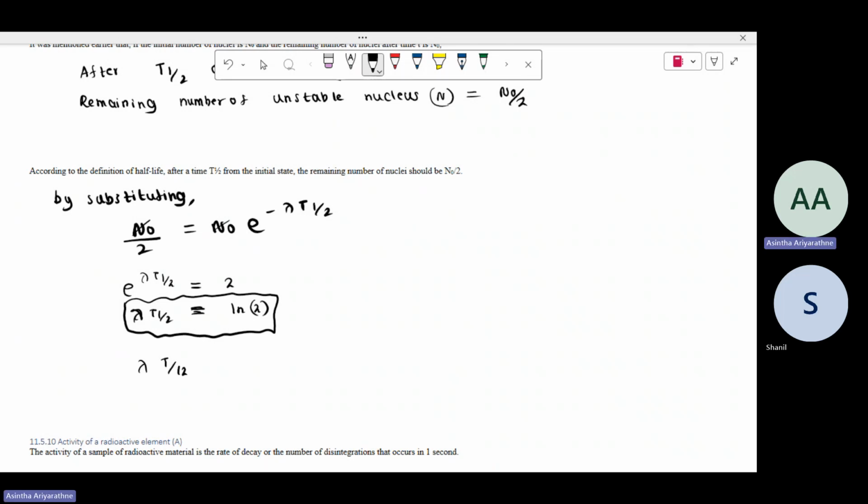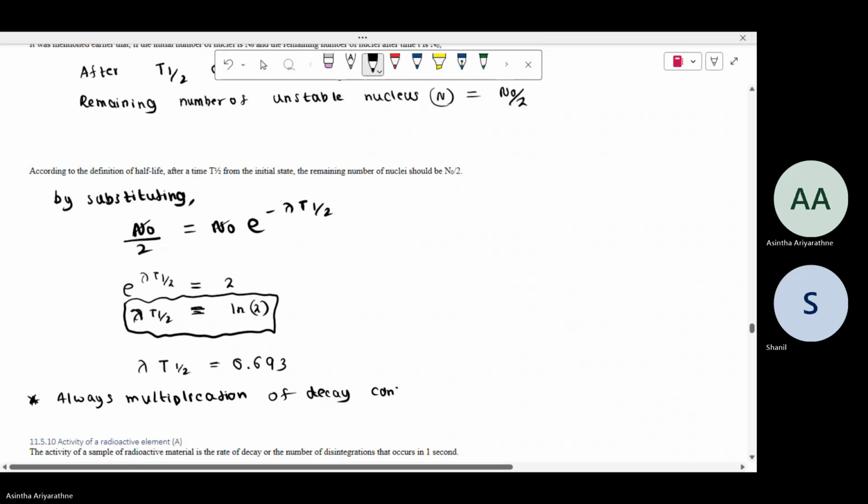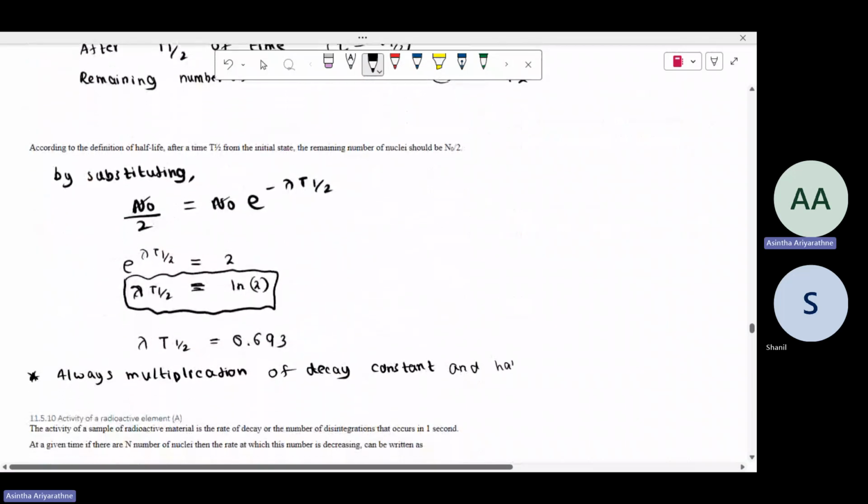Lambda into t half is equal to 0.693. The multiplication of the decay constant and the half-life of a radioactive element is a constant.